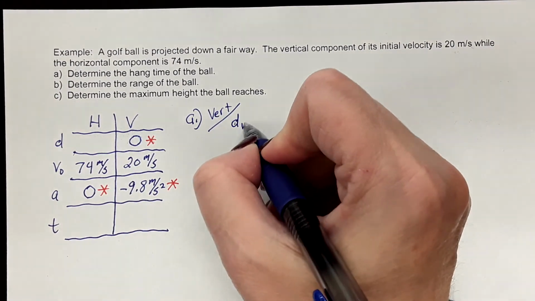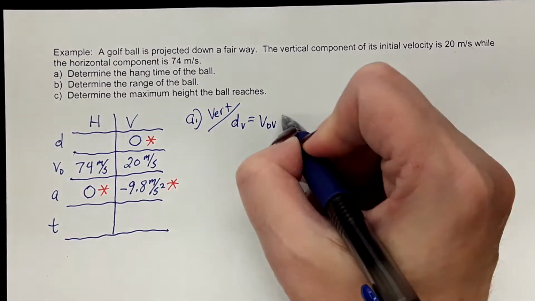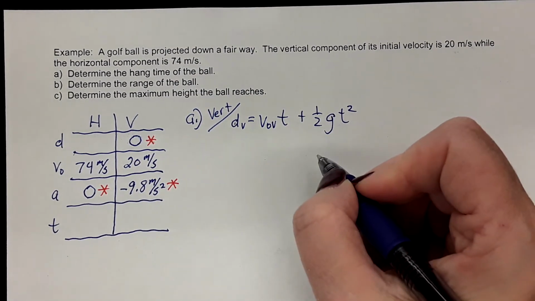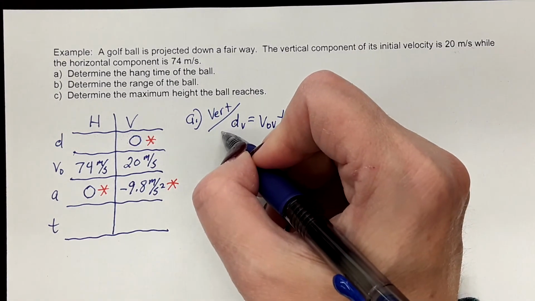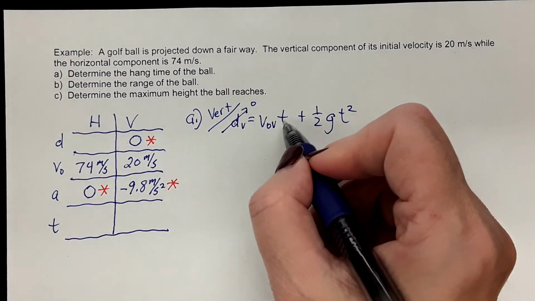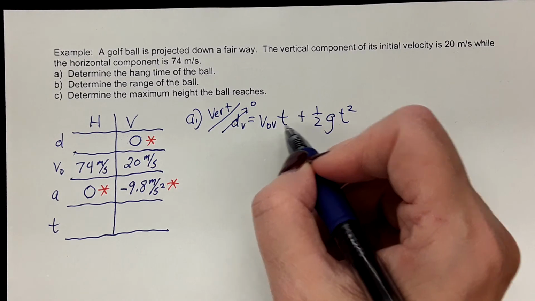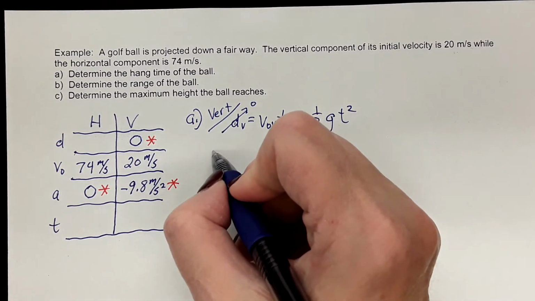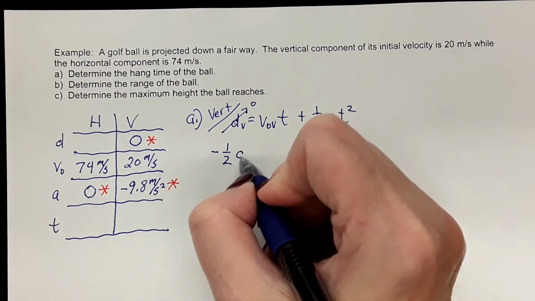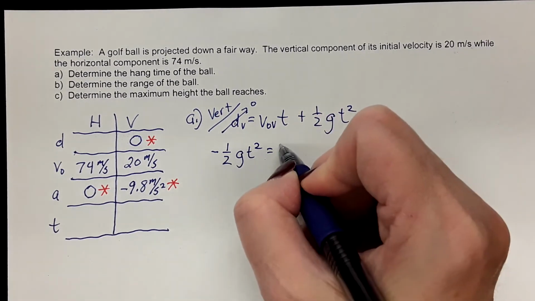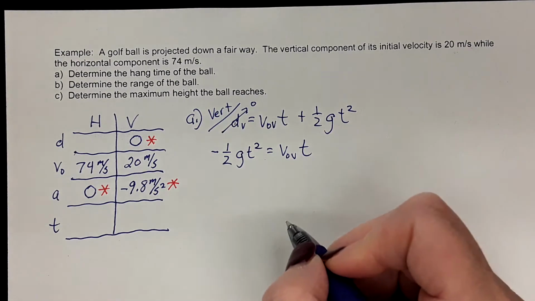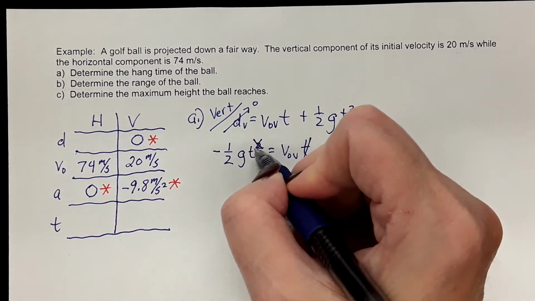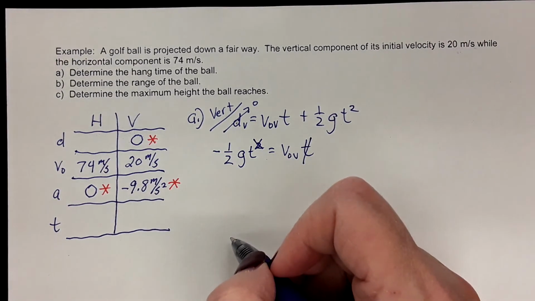So we're going to say d sub v equals v sub o v times t plus 1/2 g t squared. All right, this term drops out. Let's bring this one over. This has the extra t, so let's bring that one over. So we get negative 1/2 g t squared equals v sub o v times t. Now, this t cancels with one of those two, leaves one behind.